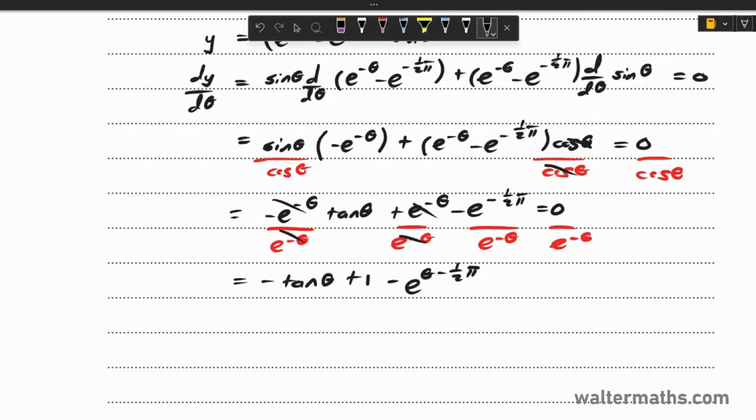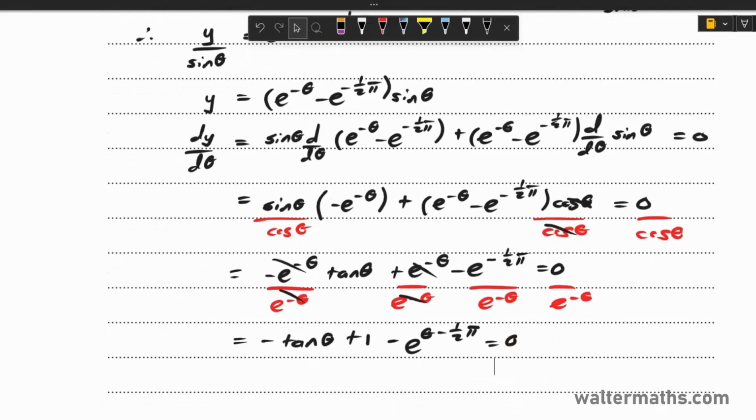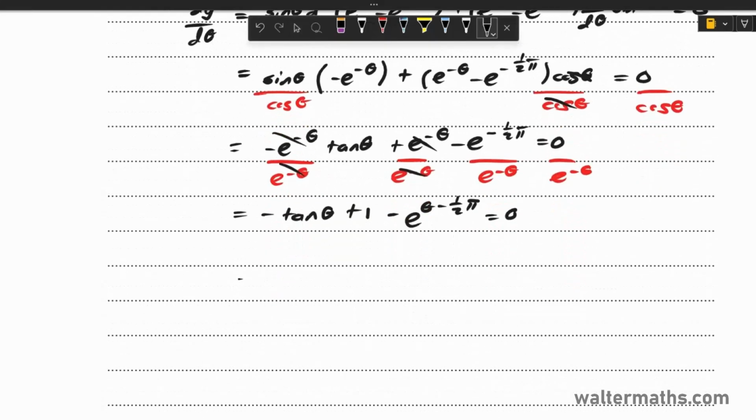All right, so that's what we'll be having, and it's all equal to 0. So it's now more like what they want us to have it to be. Okay, so I can rearrange it so that it's now 1 minus e to the theta minus a half pi, minus tan theta equal to 0, and that's what they want. So I'll say here shown.